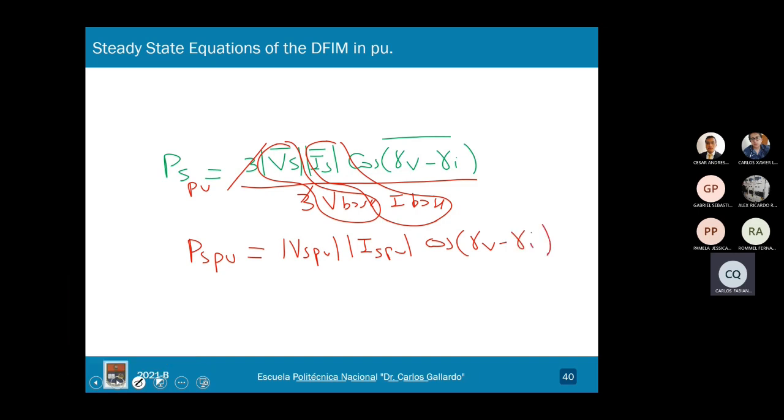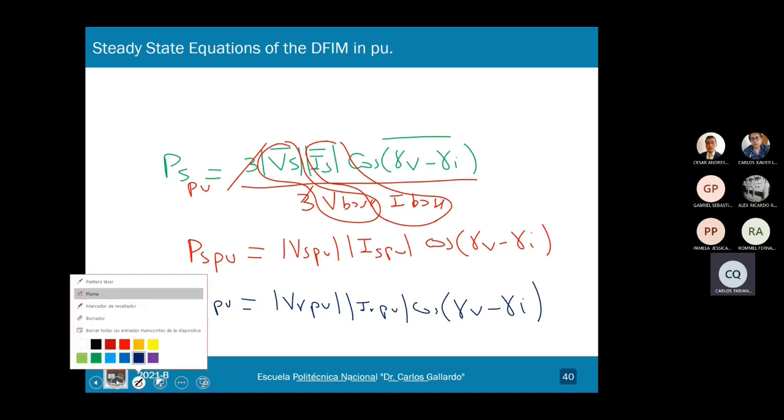In a similar manner for the rotor, the per unit value is equal to the per unit rotor voltage times the per unit rotor current times cosine of the voltage minus the current.